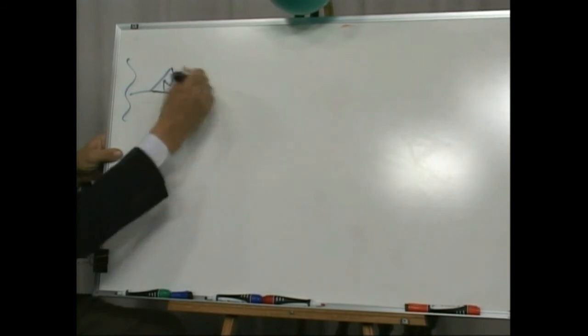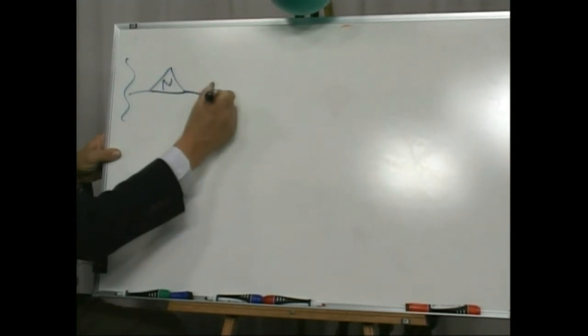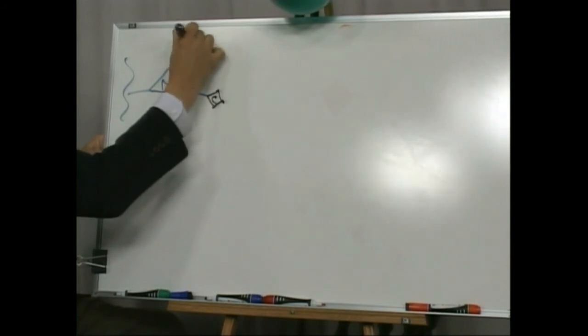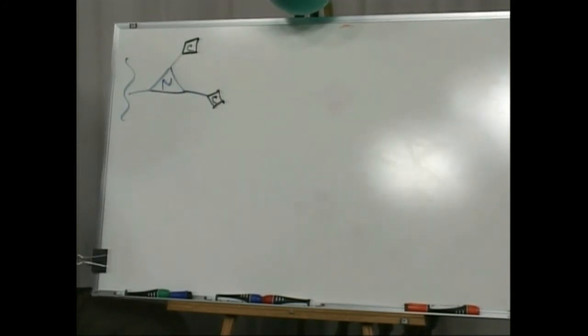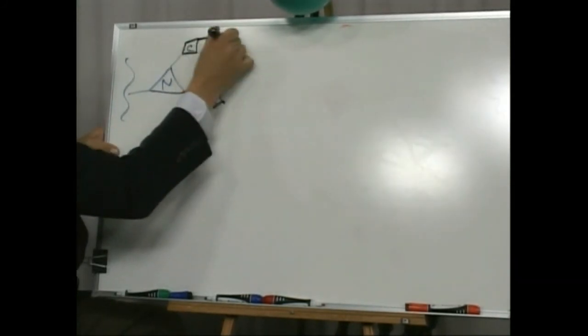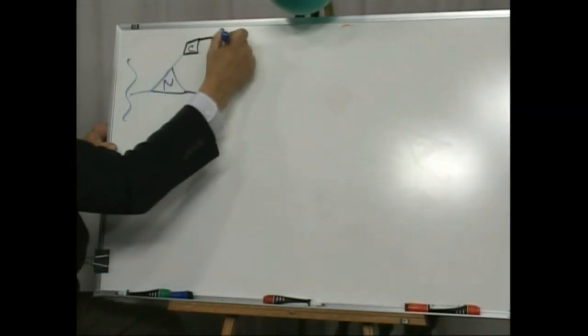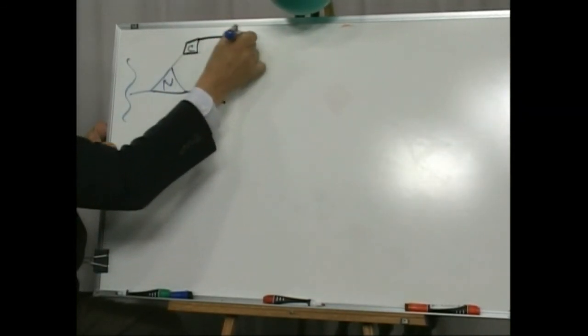And we know it's not nitrogen to nitrogen, so it's got to go to a carbon. It's going to be a triangle up here. Try and keep that thick. Triangle. This triangle goes up to a diamond goes to a triangle.